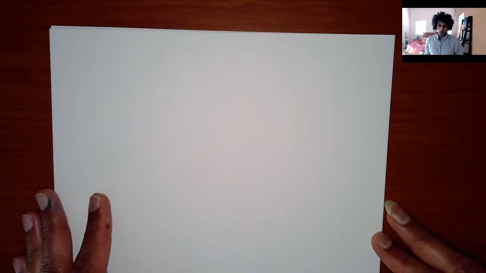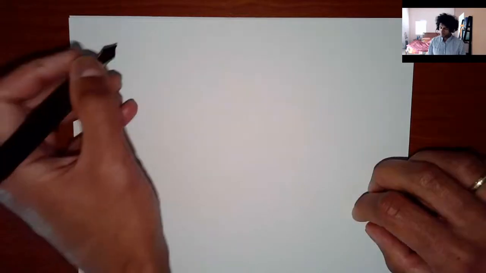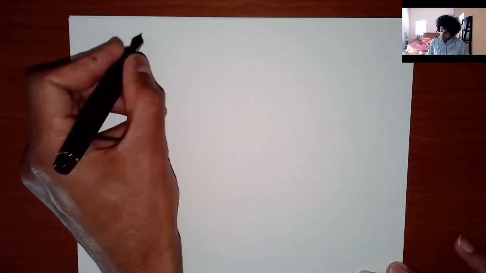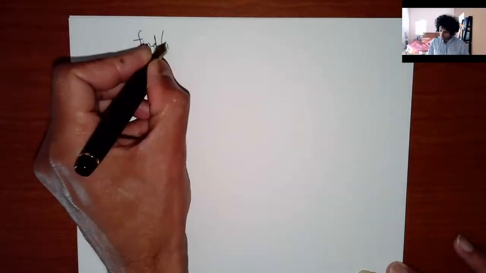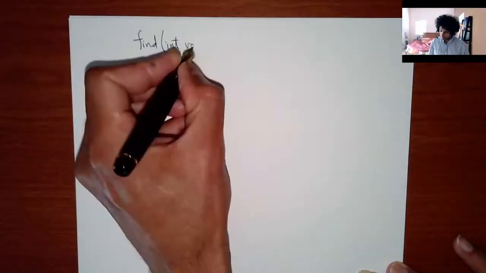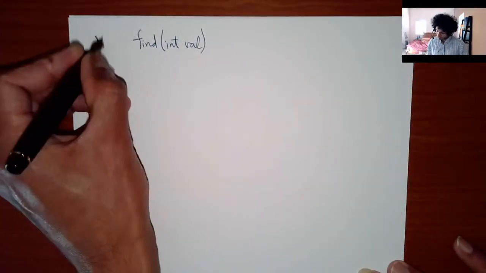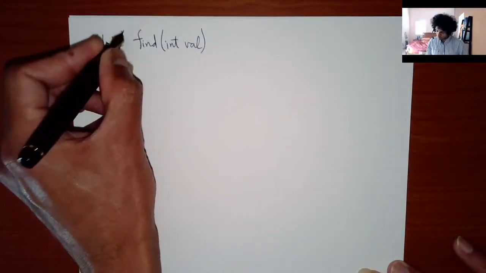Now I want to talk about the next procedure that we need to implement, the next method. And now that's find. So you find some int value. You want to find it in the list. Now I'm going to have it of type node star, not Boolean.